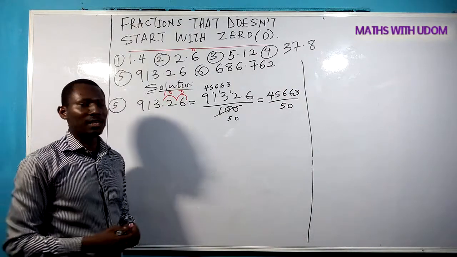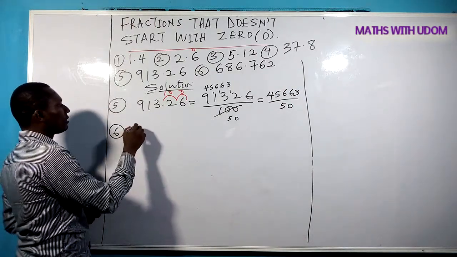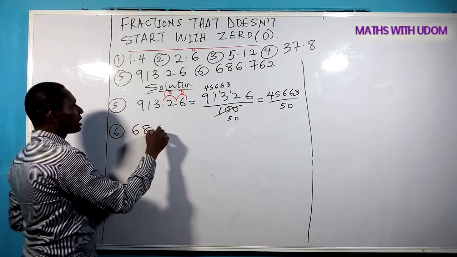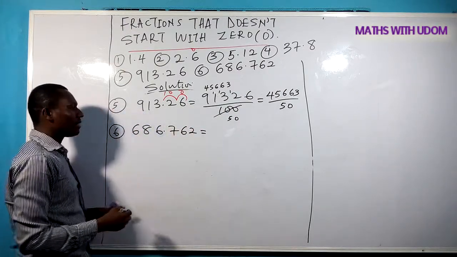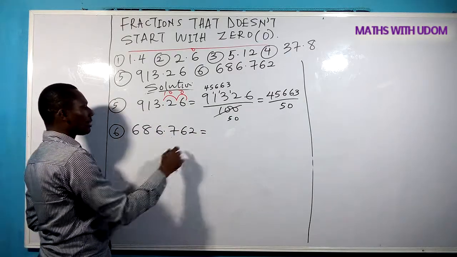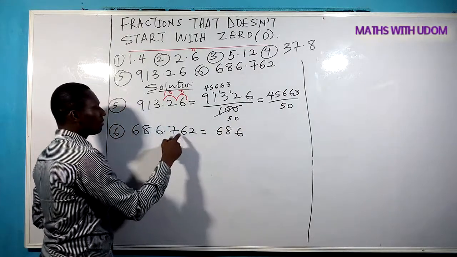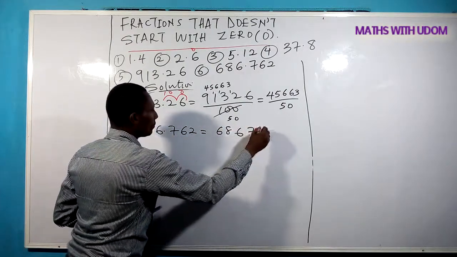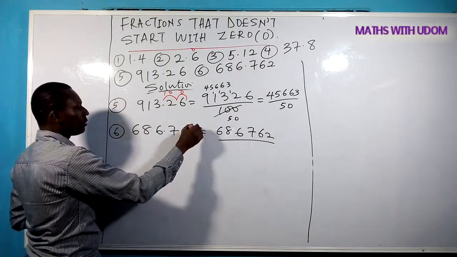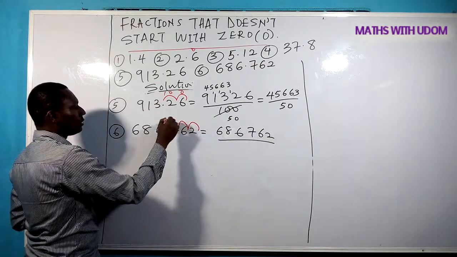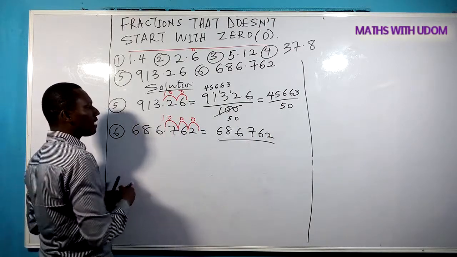And lastly, number 6, we have 686.762. So our numerator will now be 686762 divided by what? Let's go from the front of 2. 1, 2, 3. So we have 3 zeros, and you put your 1 right there. So we are dividing it by 1000.